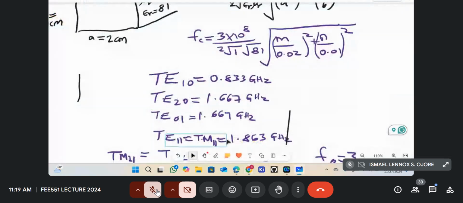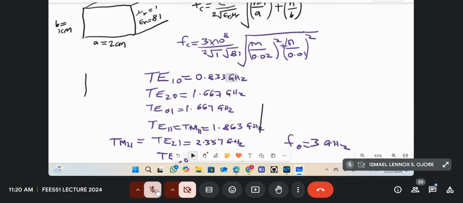Yeah, I'm of the same opinion as Lennox. Of course, we don't have any TM mode with a zero. Yeah, but as Alphonse was saying, A is greater than B. Of course, the dimensions we're used to having are with A greater than B. But does that help in determining if it's a TM or a TE?